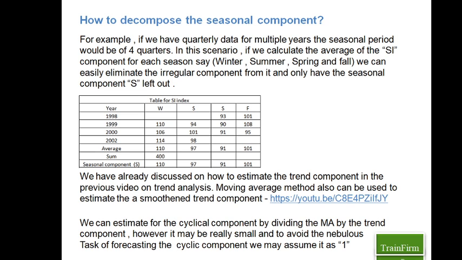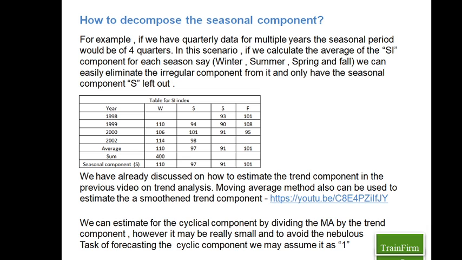So technically, when I put all my seasonalities together for a particular year, since it's in percentage terms, it should add up to 400. Technically, if I add all of these up, it should add up to 400. But unfortunately, we have lost a few data points here and there. This may be slightly more than 400. So in this case, it is around 400.8%.